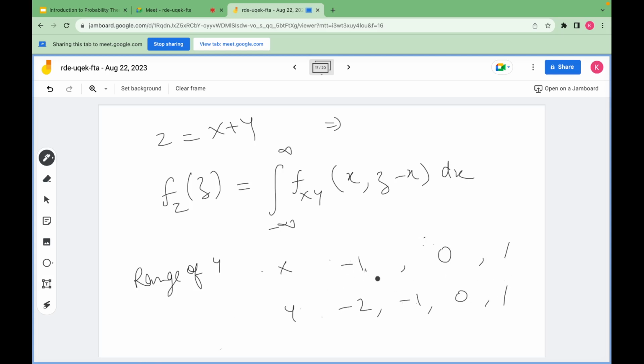These are all the possible combinations, 3 cross 4, so there are 12 combinations.